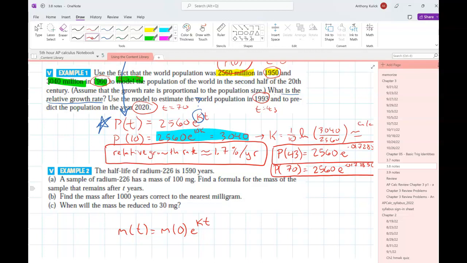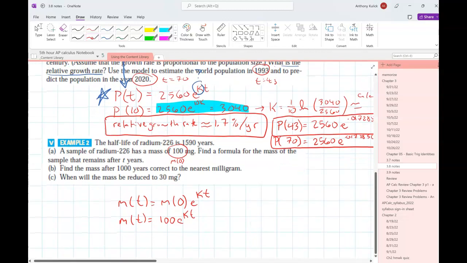What is our M0 in this case? Our mass at time 0? Right? That's the mass at time 0. But Mr. Kulik, where's the other data point that I need?